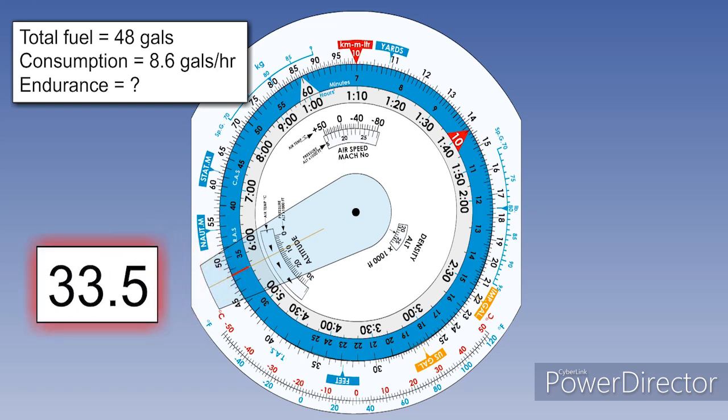Read off the figure on the inner scale, which is 33.5. Our ballpark answer was 6 hours. Therefore, we deduce that the answer is 335 minutes, or 5 hours and 35 minutes. Note that this answer in hours and minutes can be read directly from the white scale.